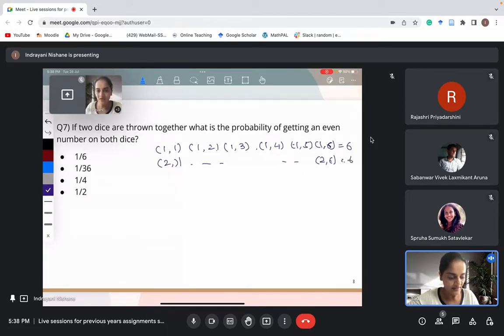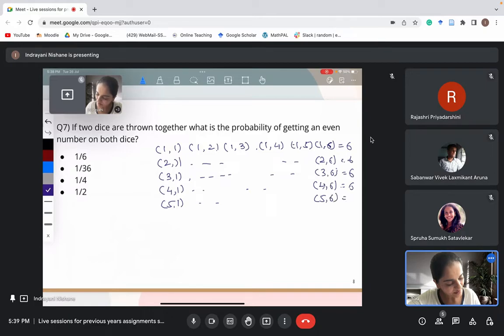Total 6. Again 3, 1 till 3, 6. Total 6. From 4, 1 to 4, 6. Total 6. 5, 1 to 5, 6, and then lastly 6, 1 to 6, 6. Total 6 samples. So this is our sample space consisting of 36 cases.